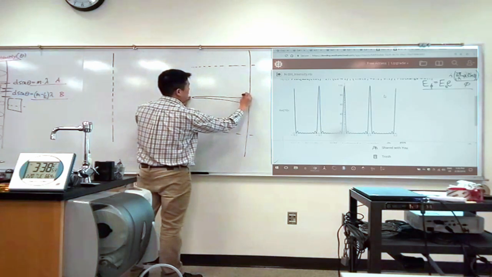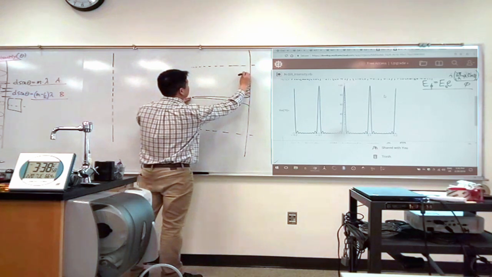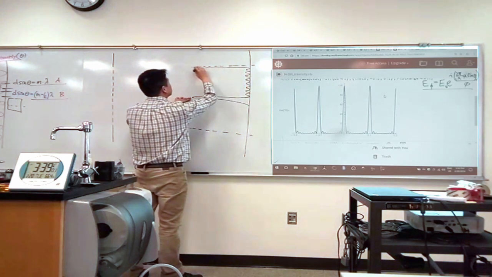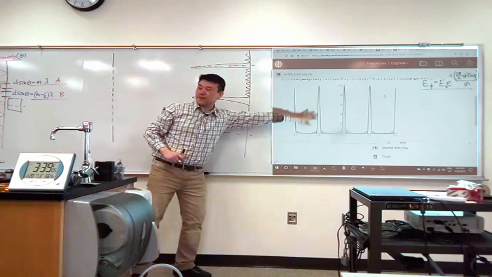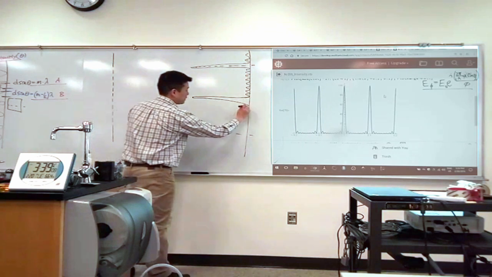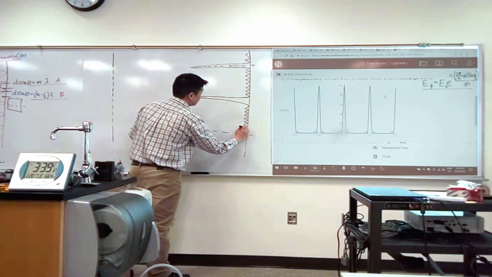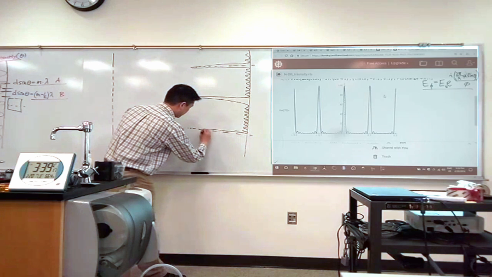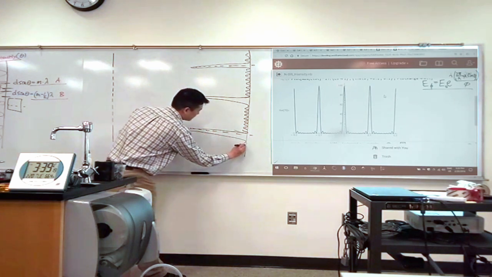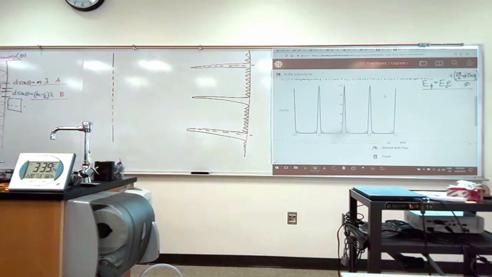So something like 1, 2, 3, 4, 5, 6, 7, 8, 9 or so, and then a maximum here, and then something like that. That's more or less the plot you are seeing here. Let me finish that. 1, 2, 3, 4, 5, 6, 7, 8, 9. I need to go slow. All right, something like that. It's close enough. Good? So that's the 10-slit interference pattern.